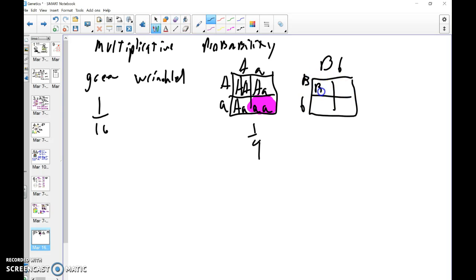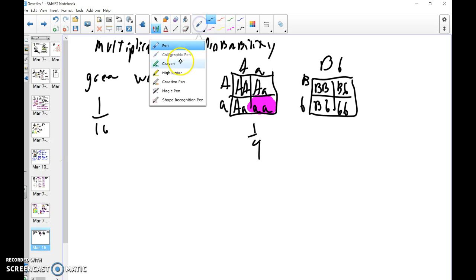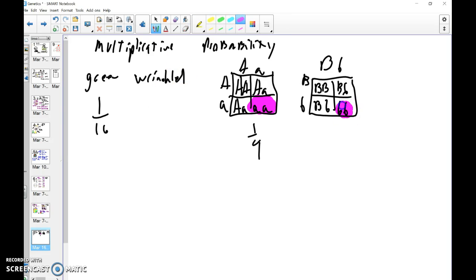And when I combine them, I end up with homozygous dominant, heterozygous, heterozygous, and homozygous recessive. And so my chance of being wrinkled is also 1 out of 4. So my possibility of being green is 1 out of 4. My possibility of being wrinkled is 1 out of 4.